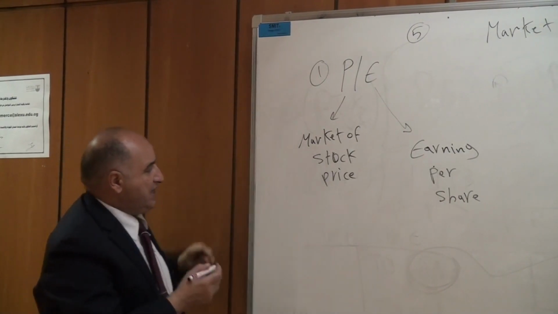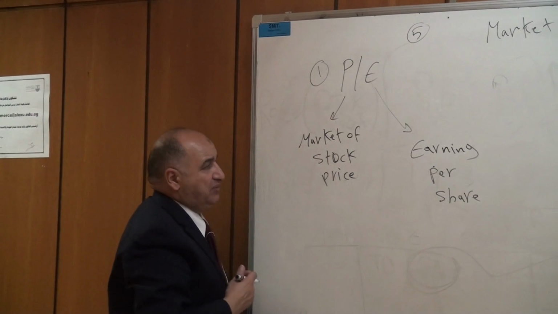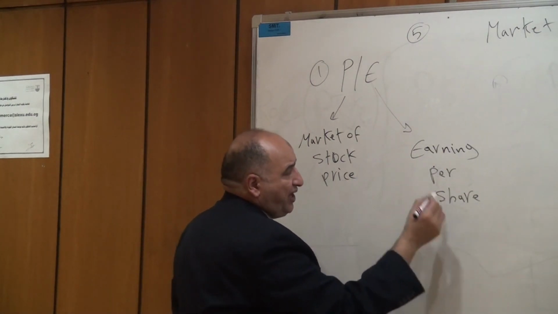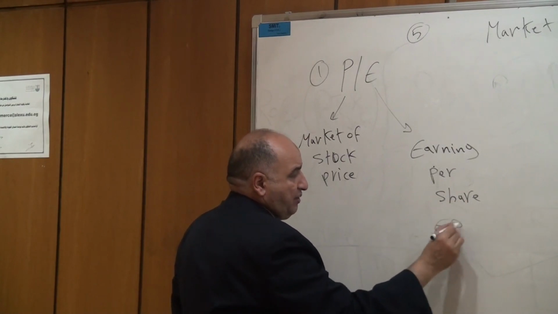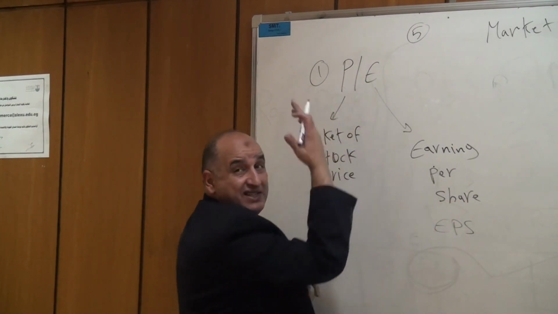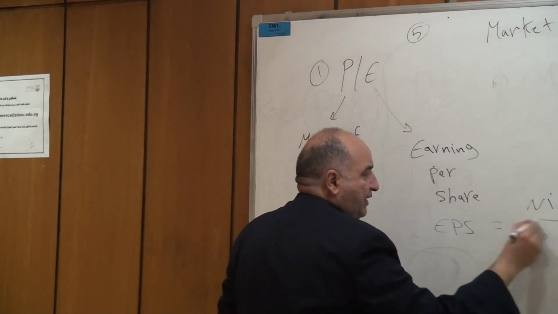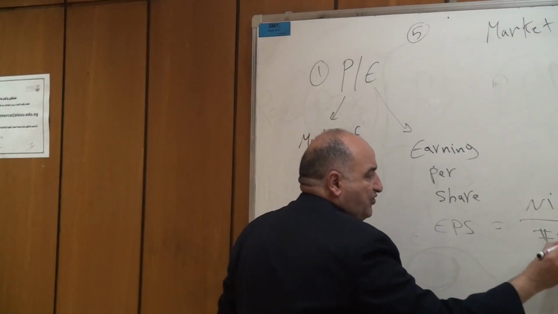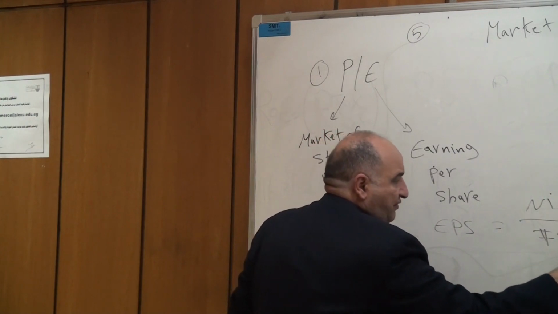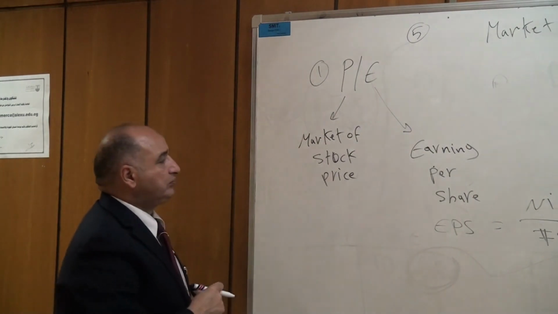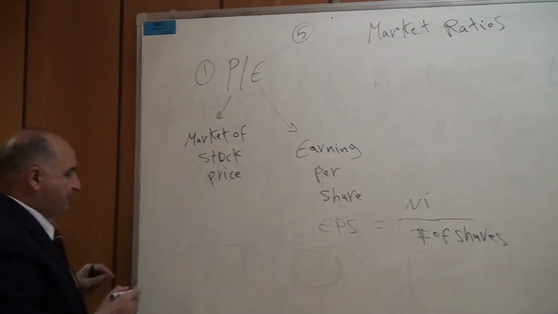Okay. To understand what I mean, and remember this one we just calculated before, earning per share, normally we call it just E, equals net income divided by number of shares. صافي الربح مقسوم على عدد الأسهم. Okay.